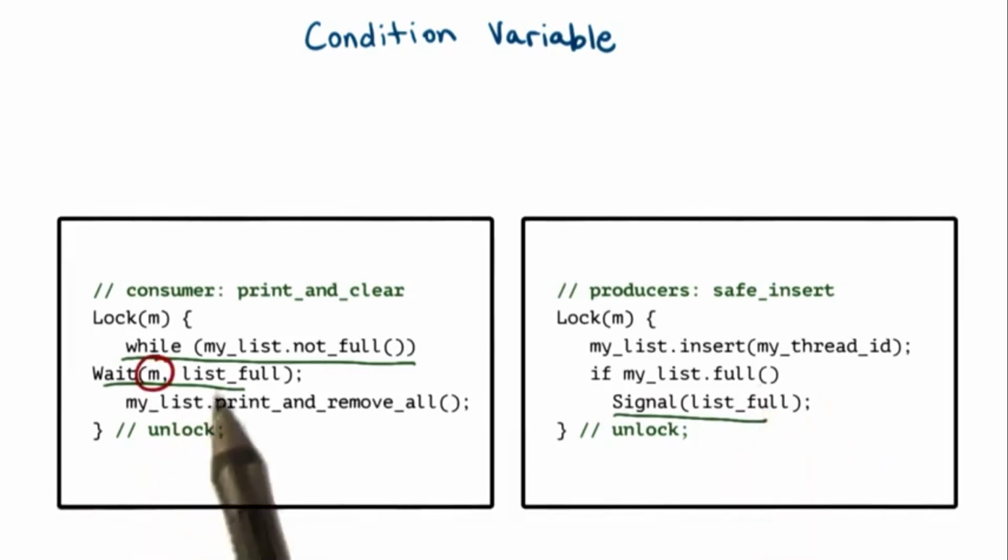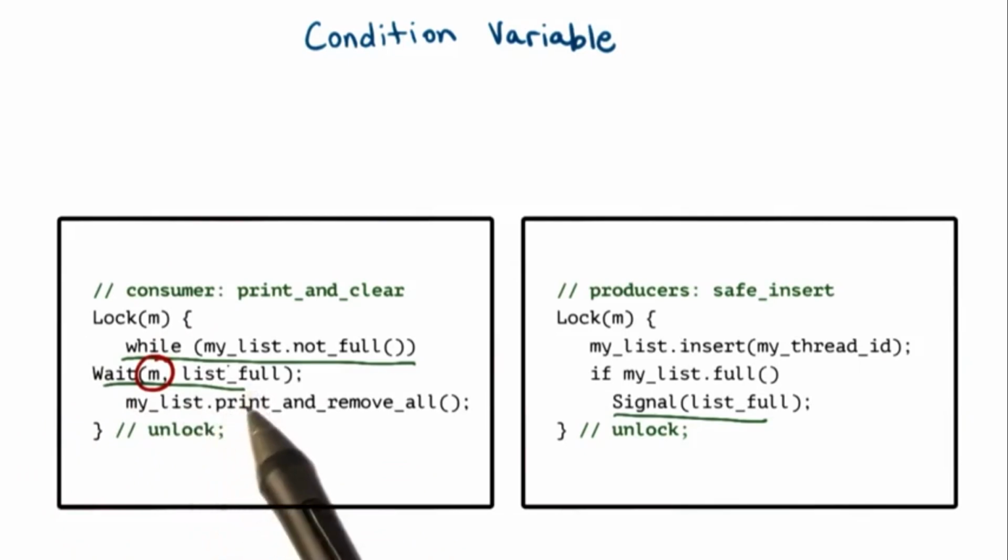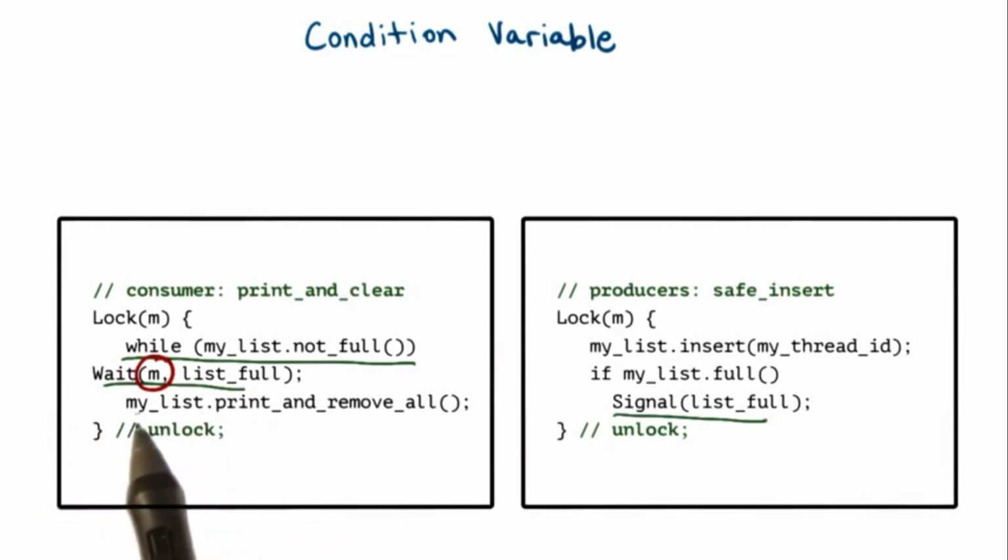What that means is that the semantics of the wait operation must be such that this mutex that was acquired when we got to this point has to be automatically released when we go into the wait statement, and then automatically reacquired once we come out of the wait statement, because after we come out of the wait statement, we actually need to modify the list, and this mutex M was protecting our list.